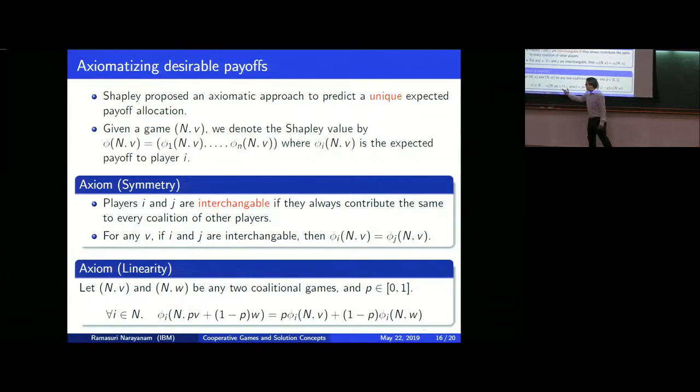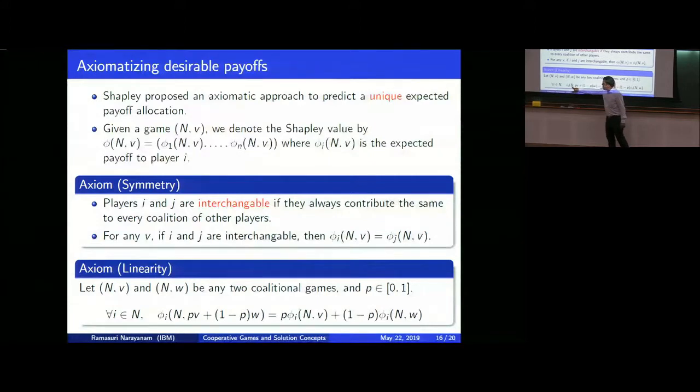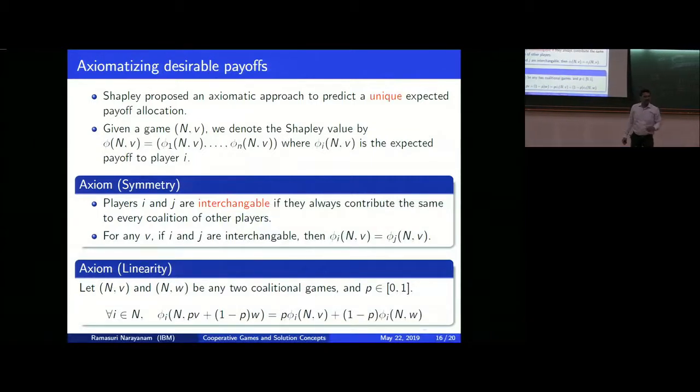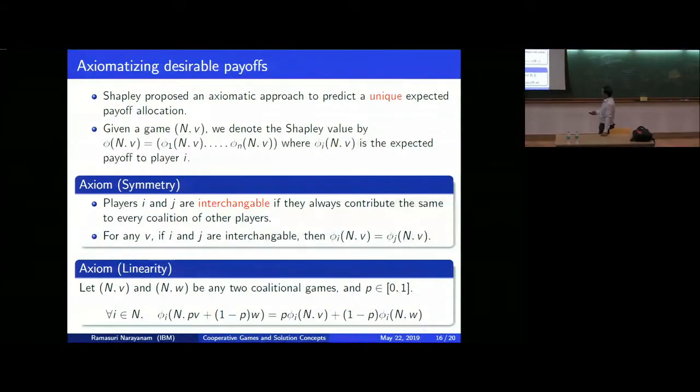Take the linear combination game p v plus 1 minus p times w on the same set N. The Shapley value of this game, a linear combination of the two games v and w, is nothing but p multiplied by the Shapley value of the ith player in the game v, plus 1 minus p multiplied by the Shapley value of the ith player in the game w. This is called linearity, a very standard axiom.